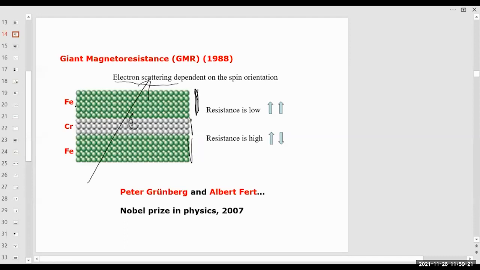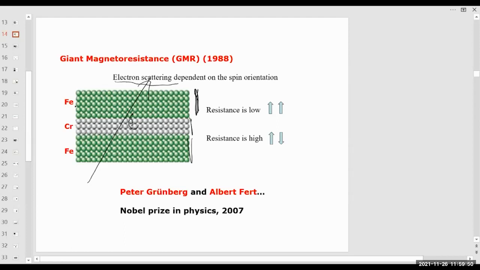If the spins in both iron layers are parallel, the resistance is very low, because the electron won't scatter. But if the spins in the two iron layers are opposite to each other, the resistance is high and the electron scatters strongly. That is a zero condition and a one condition, as we know in electronics.